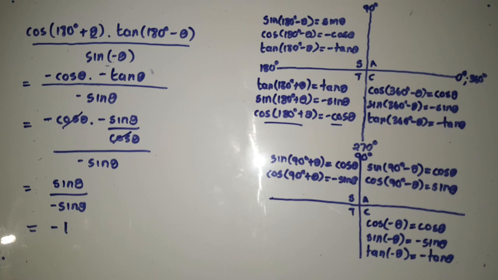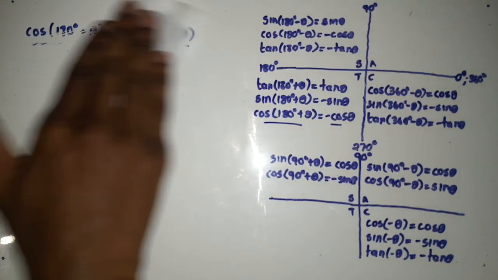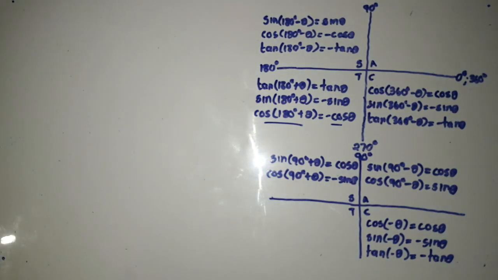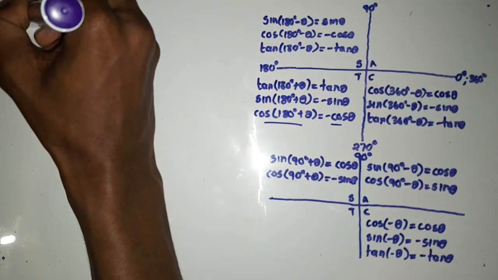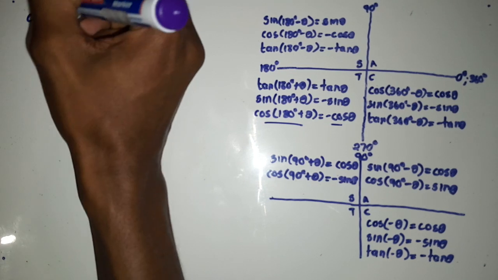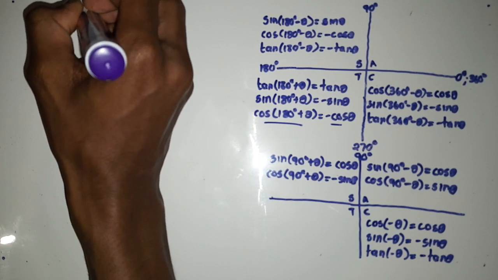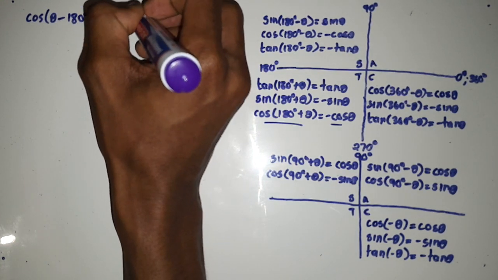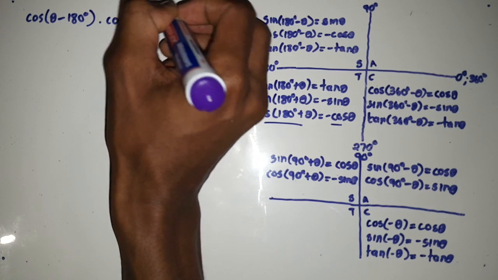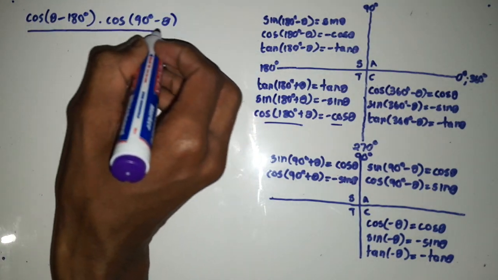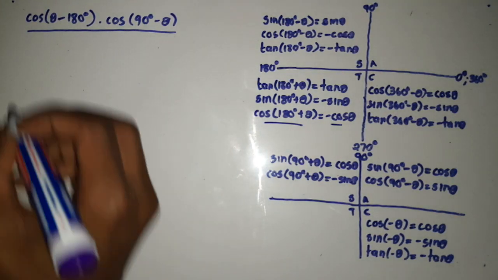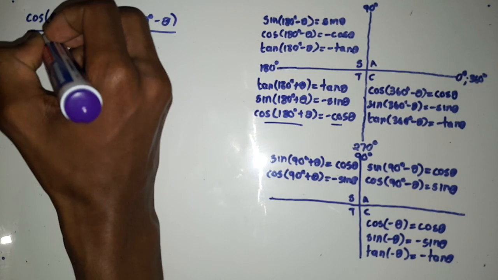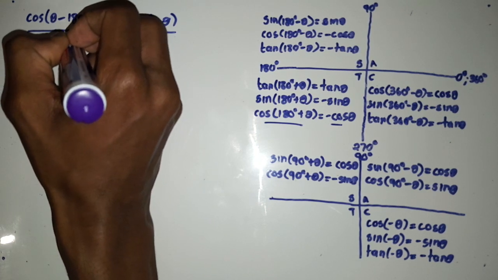So simple, isn't it? Now, let us try another one. Suppose now we have cos(theta minus 180 degrees), close bracket, times cos(90 degrees minus theta), then I divide by sine(90 degrees plus theta).